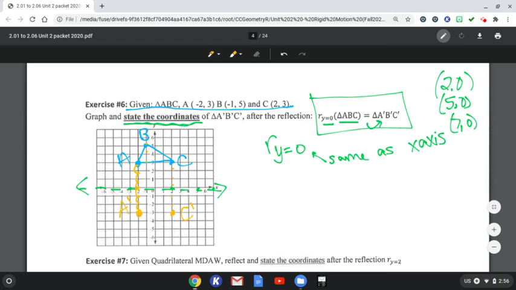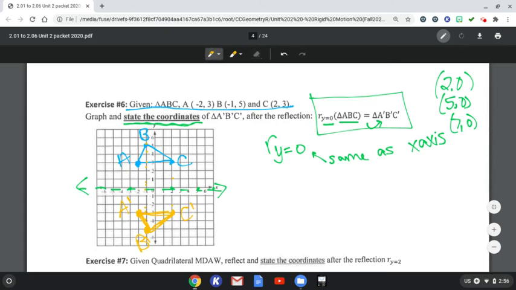But B happens to be 5 boxes, so I'm going to go 5 more down. And we find B prime. So that when I connect that triangle, hopefully we can see. I'm going to erase a little bit of my markings in between here. Okay. That triangle is flipped over my line of reflection.